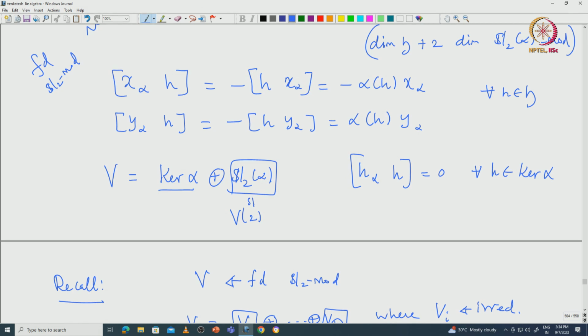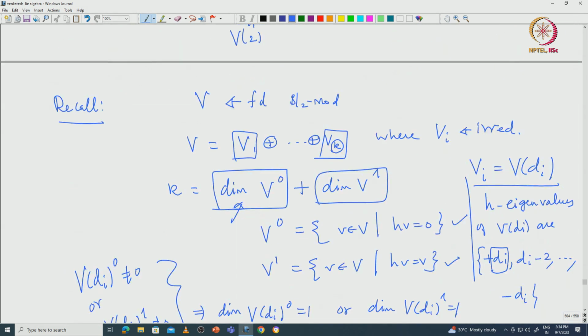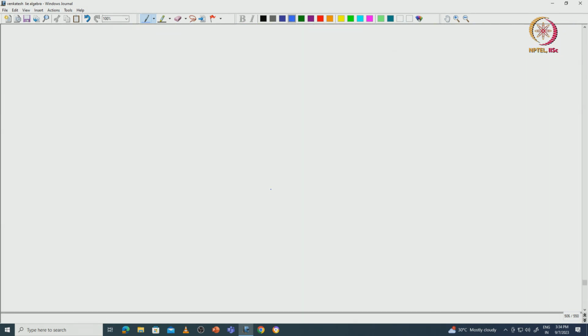So, that means this capital V that we have constructed, which is H plus SL2 of alpha, is given by kernel alpha direct sum this SL2 of alpha. This kernel alpha corresponds to a direct sum of trivial SL2 modules.